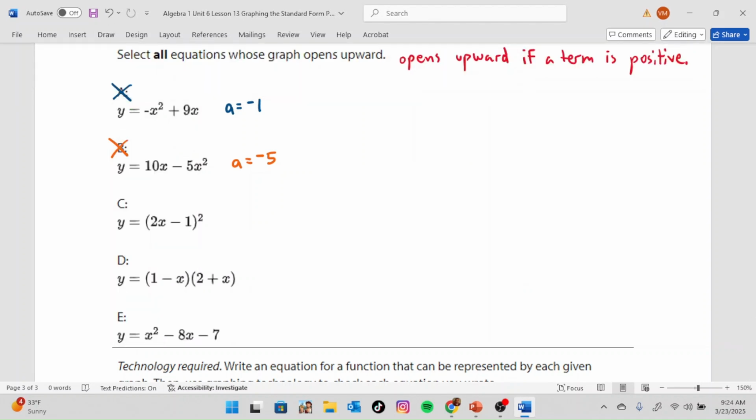Choice C. This is in factored form, so in order to find the A term, we're going to multiply 2x times 2x. That will equal 4x squared, which is positive, so C will open upward.